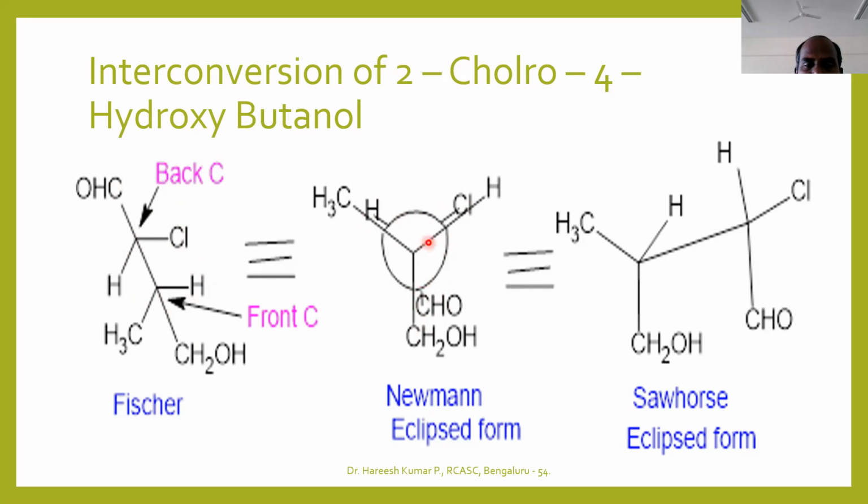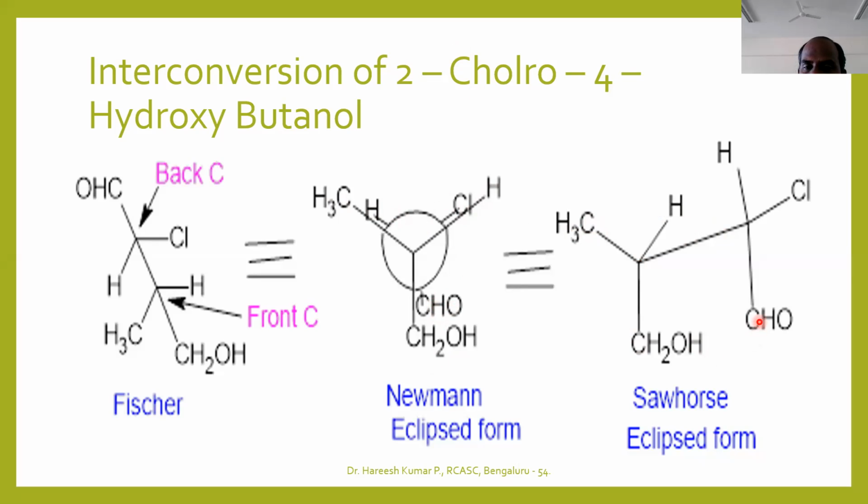Similarly, this Newman projection formula can be converted into a Sawhorse one, and this form is called the Newman eclipsed form. The Newman eclipsed form can be converted into the Sawhorse eclipsed form. Here you can consider that this will be the front carbon atom: CH2OH is this, right hand side H is this, left hand side CH3 is this. Similarly, what you can note down is the CHO group.